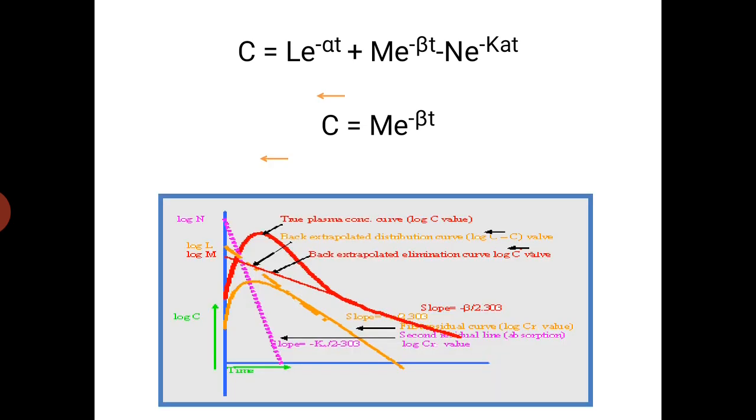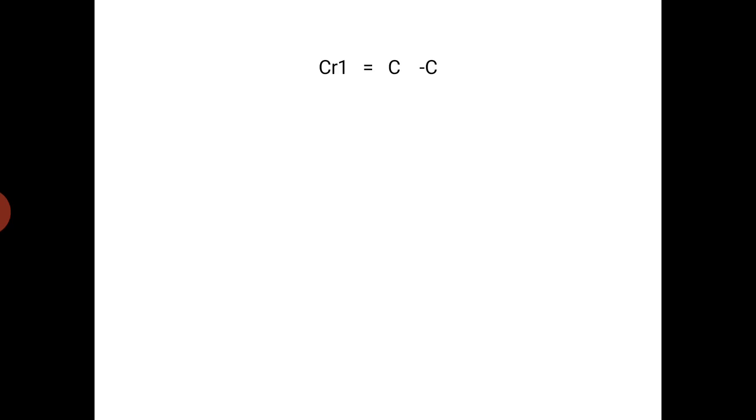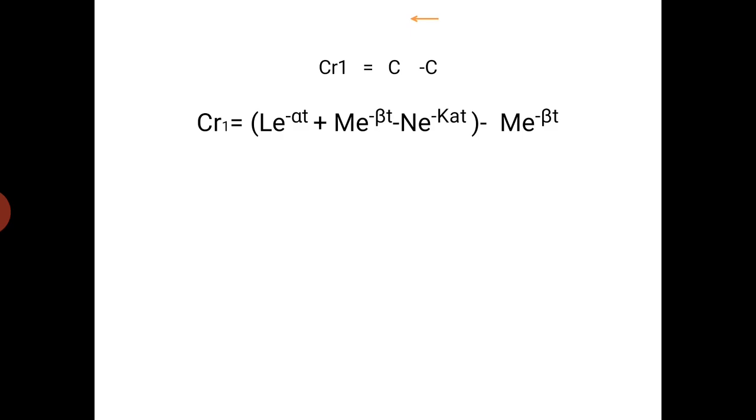Then next you can give the heading as from the residual line CR1, that is equal to C minus C back extrapolated. So CR1 is equal to Le raised to, write down the equation. Then you will get the equation for the first residual line as Le raised to minus alpha t minus Ne raised to minus Ka t, representing a bi-exponential curve.